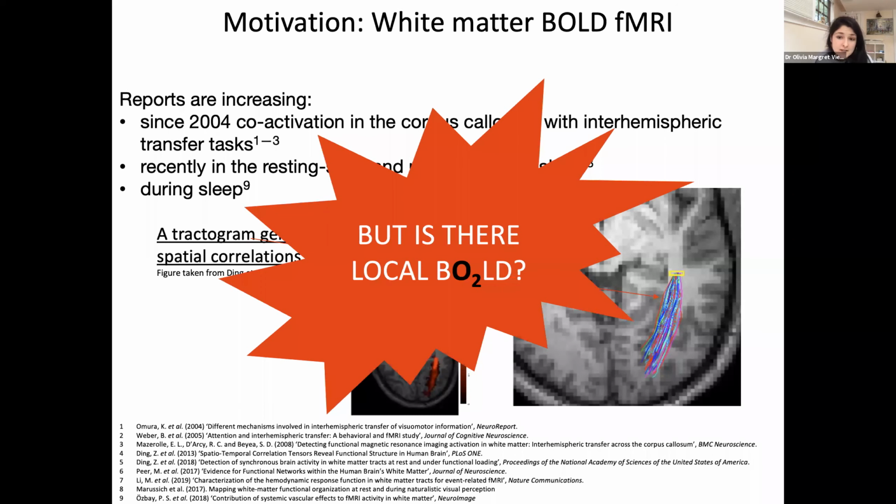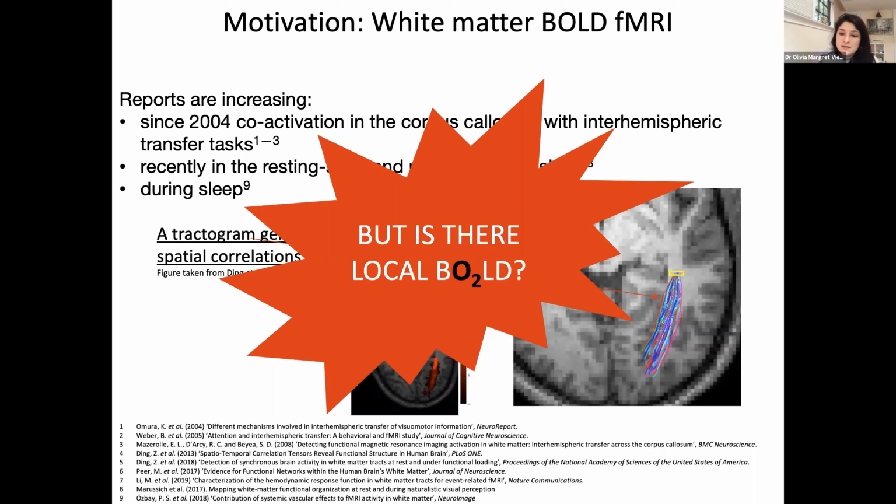Systemic BOLD effects in the white matter could, for example, arise from respiration-induced changes in oxygenation. We would suspect these changes to be global, so present in the entire white matter. But local functional hyperemia, as we observe in the gray matter with neuronal activity, is questionable.